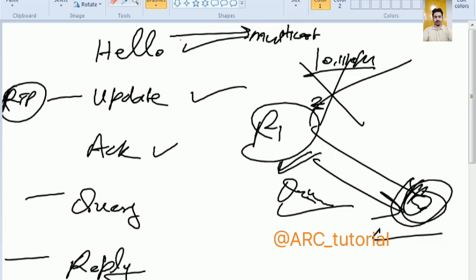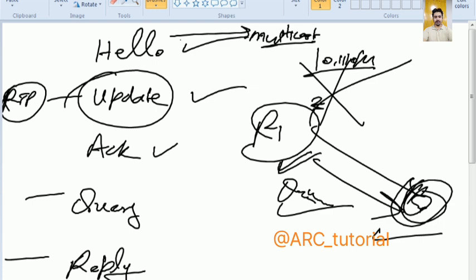If you have configured your neighbor statically, then of course your hellos will be unicasted, but by default they are multicasted. Update packets: the first time by default it will unicast update packets, and after that it will multicast them. But if you have configured your neighbor statically, then it will always unicast its update packets.